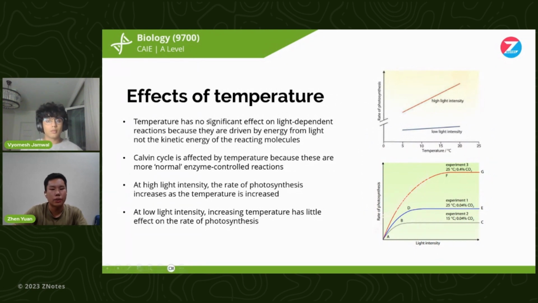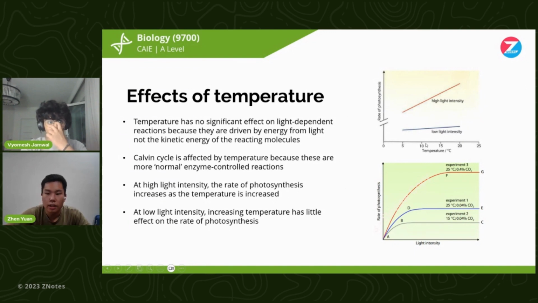So temperature has no significant effect on light-dependent reactions because they are driven by energy from light and not the kinetic energy from the reacting molecules. But your Calvin cycle is affected by temperature because there are more of the normal enzyme controlled reactions. So what happens at high light intensity? The rate of photosynthesis increases as the temperature is increased.